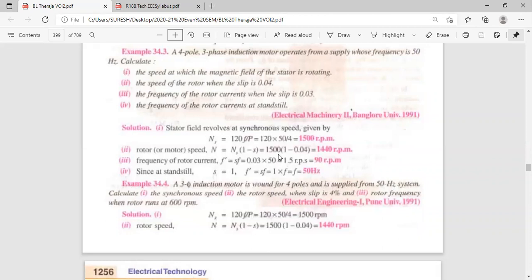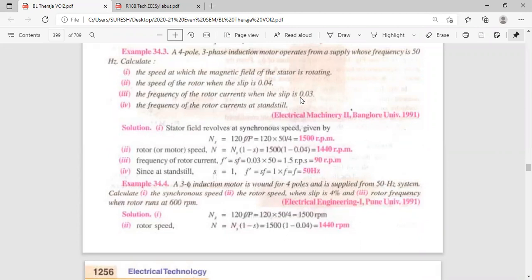First two bits. Any doubt in the first two bits? Okay. We'll go to the third bit.